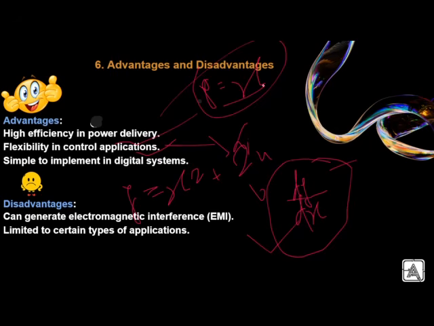Most electronic devices and circuits follow the linear system because it is easier to handle, and the PWM signal also has linear characteristics. Since electronic devices need linear characteristics and PWM follows that, it is easy to handle. That's why it is written: flexibility in control applications and simple to implement in digital systems.